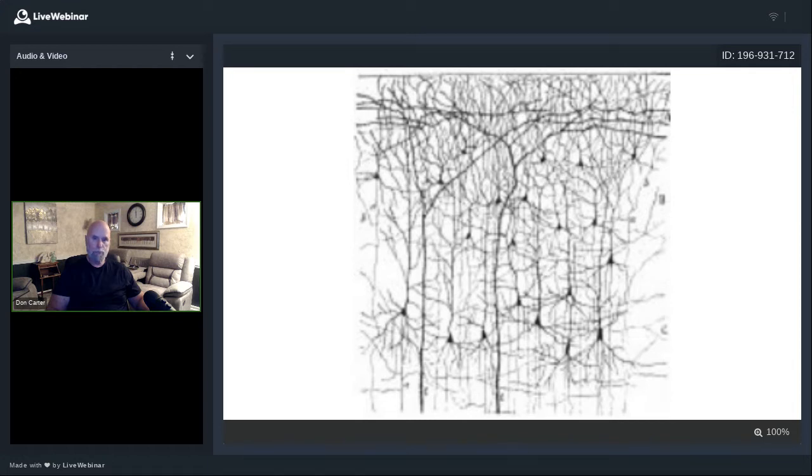Two rules for neuronal growth or reconnection. Hebb's law is what it's called. The first rule is neurons that fire together wire together. So when a group of neurons fires together frequently, the more they fire, the stronger the connections become.